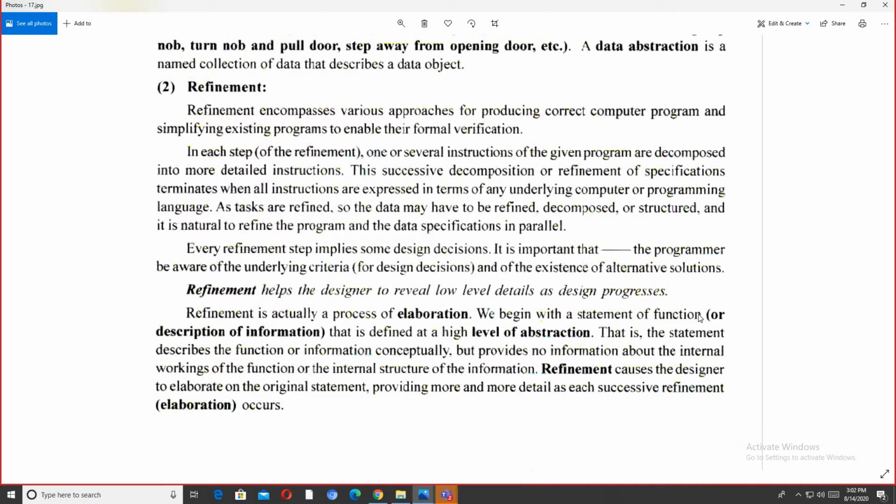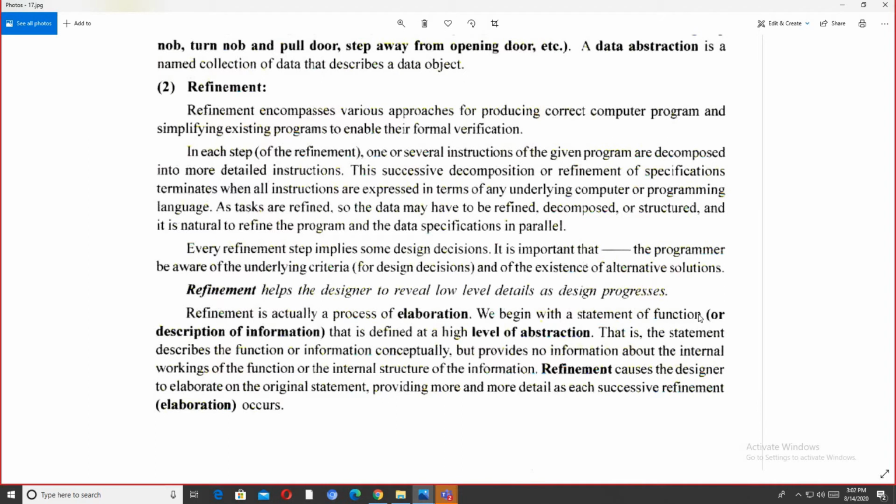If you remember the ideology of what refinement actually is, you can easily say that one or several instructions of the given programs will be decomposed into more detailed instructions. So this is successive decomposition. Refinement of the specifications terminates when all instructions are expressed in terms of any underlying computer or programming language.